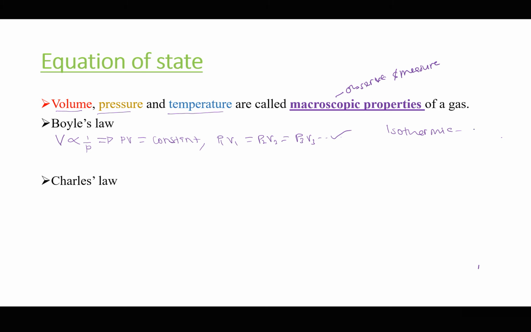So this was isothermic, this was constant temperature. Now this one is going to be isobaric, which is going to be constant pressure.